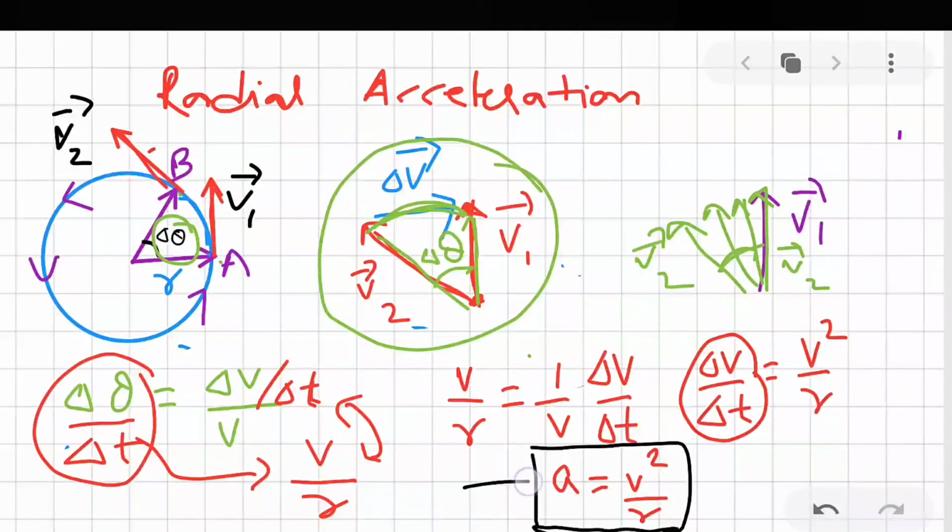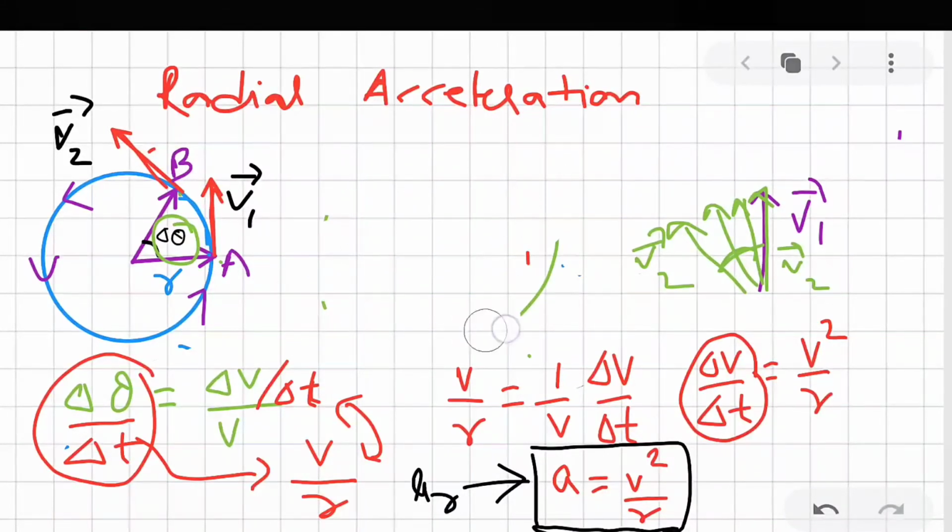Now this acceleration is the radial acceleration. Why am I calling this radial acceleration? What is the reason behind this? In the earlier video I have already discussed that in circular motion we have two kinds of acceleration.